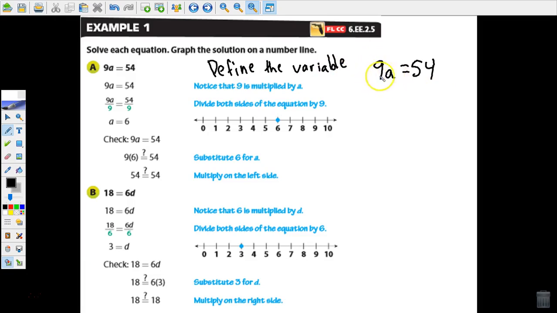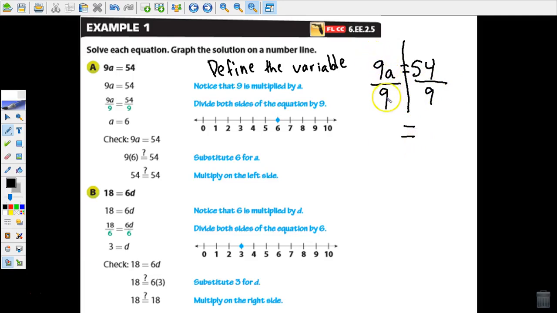Since it is being multiplied, we have to do the opposite, which is division. Okay? So what can I divide it by to get a all alone? 9. So if I divide this side by 9, we have to remember that basically the equal sign is keeping the sides separate. So I'm going to divide 54 by 9, and then I bring my equal sign down here.